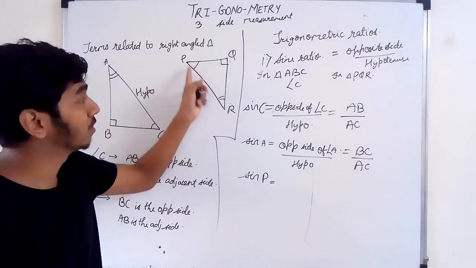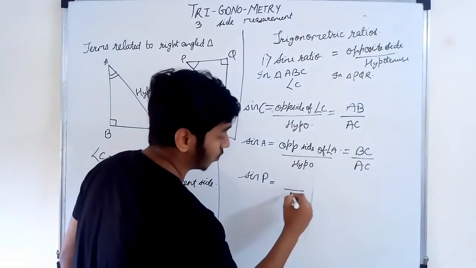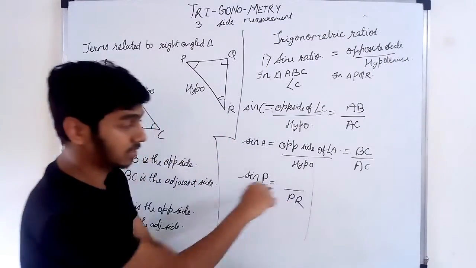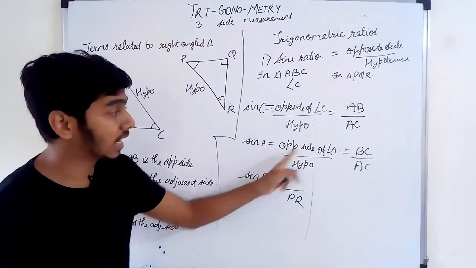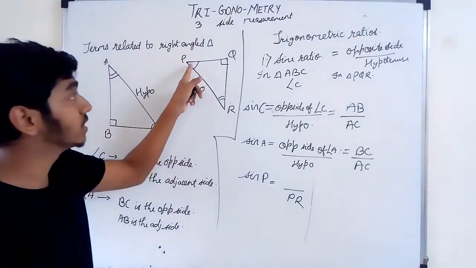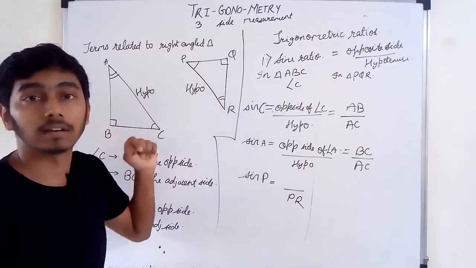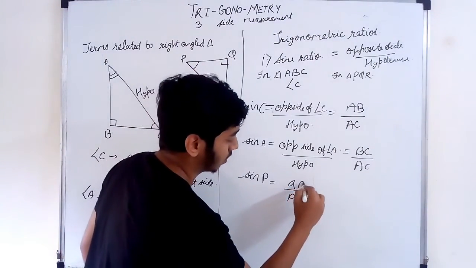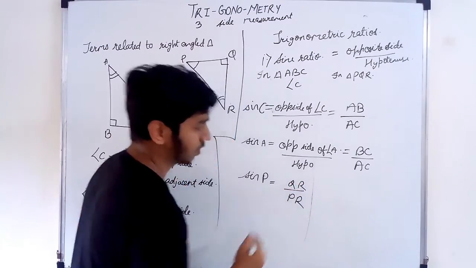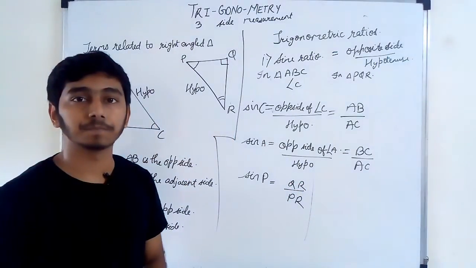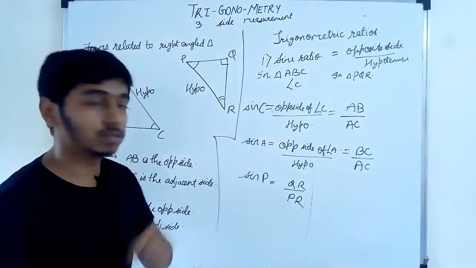Now in this, hypotenuse is PR, therefore I'm writing this directly, PR, and above it the opposite side of angle P. So the opposite side of angle P is QR. So that will be QR upon PR. Okay, so this is what it is.